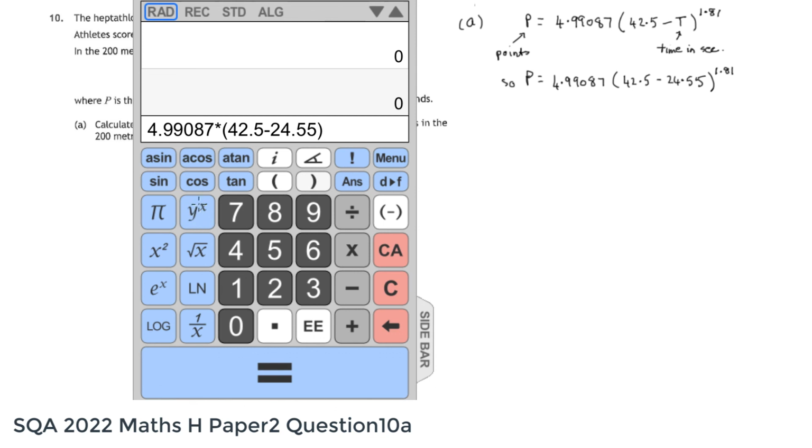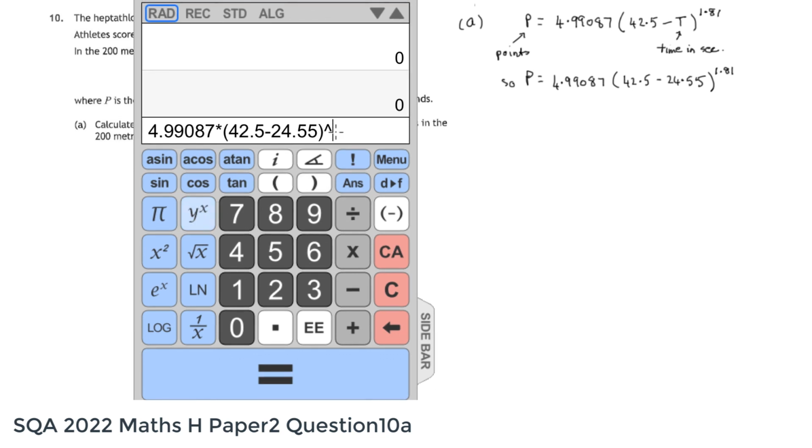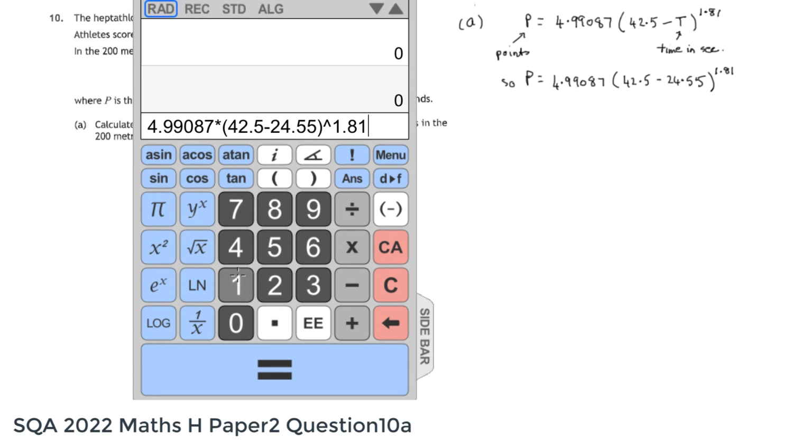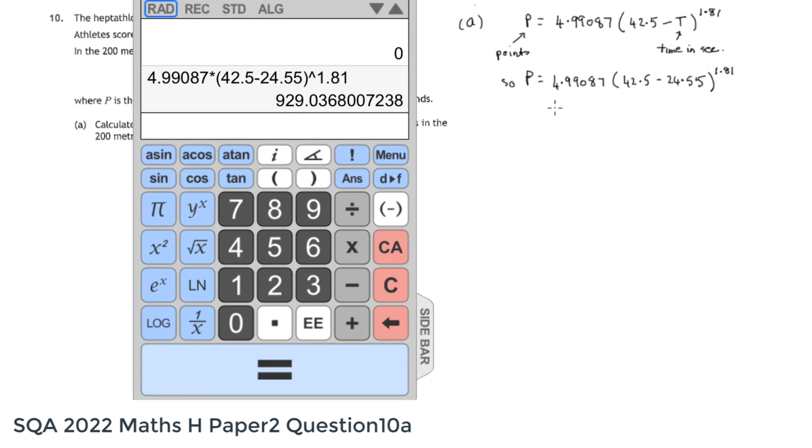Now in this calculator it's y to the power x. You might well have just a wee hat sign on the key on your calculator, and it's 1.81. So that's raised to the power 1.81. Press the button and there we have the answer.